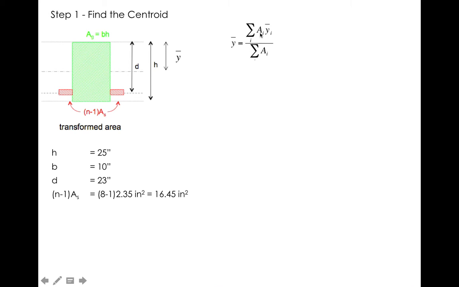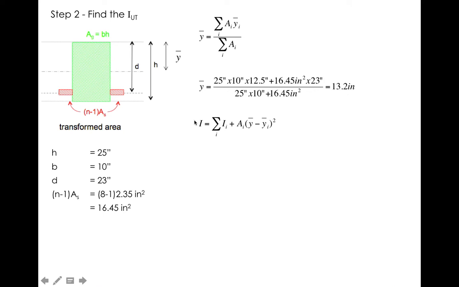We do the sum of each area times its Y bar divided by the sum of the areas. And in this case, the green shape has an area of 25 by 10 and a Y bar of 12.5, which is just half the height of the rectangle measured from the top. The red shape has a total area of 16.45 inches squared, and it lives 23 inches from the top. So that's its Y bar divided by total area, and we get an overall Y bar for the shape of about 13.2 inches.